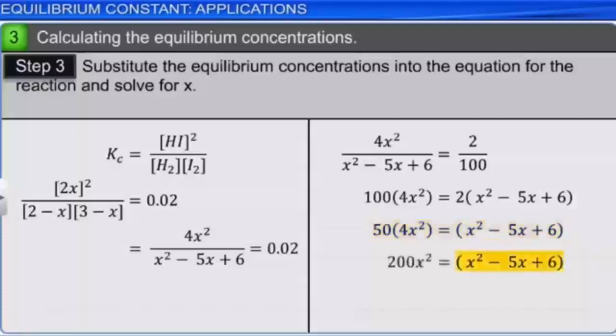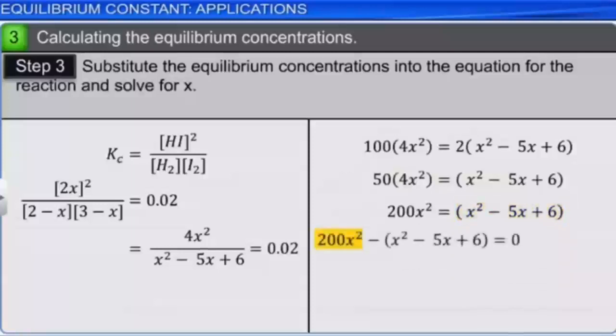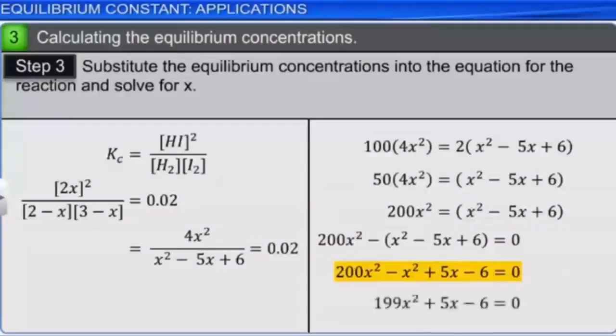This equation can be written as 200x square minus x square minus 5x plus 6 is equal to 0. This becomes 200x square minus x square plus 5x minus 6 is equal to 0. This is equal to 199x square plus 5x minus 6 is equal to 0.